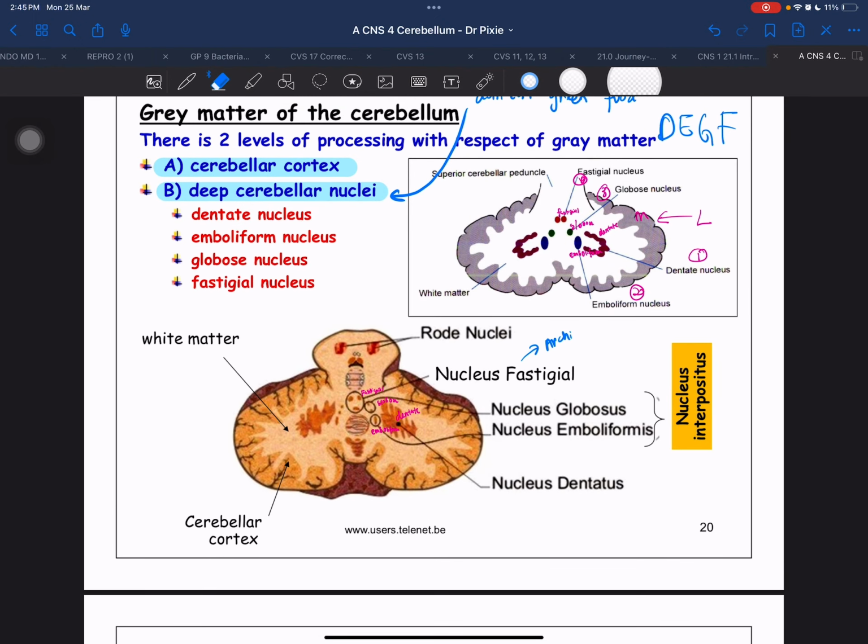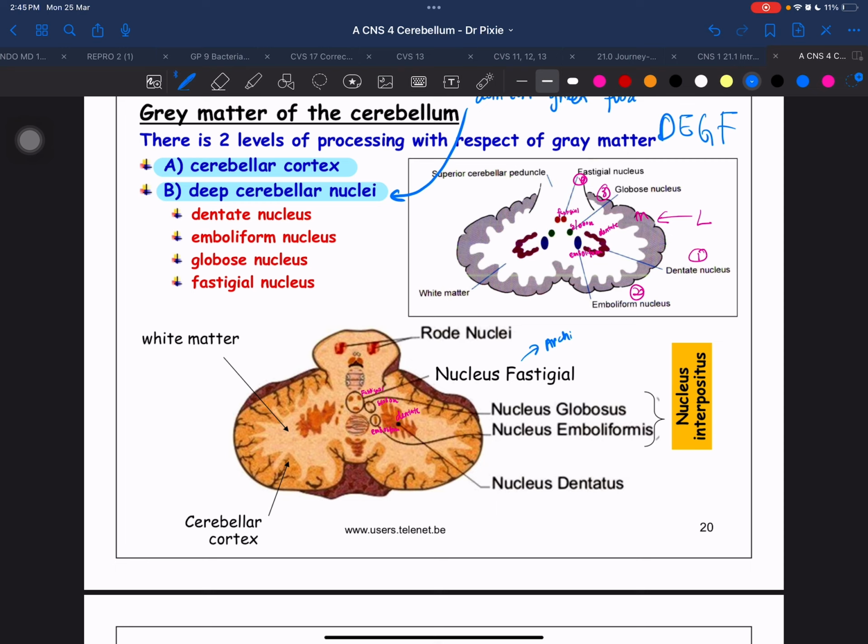From outer to inner. The arrangement follows evolution, related to archae, paleo, and neo. I want you to remember these 4 nuclei.